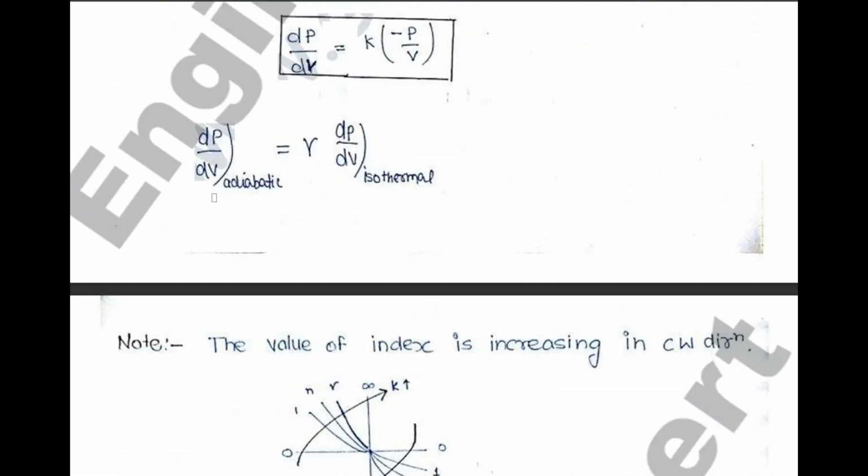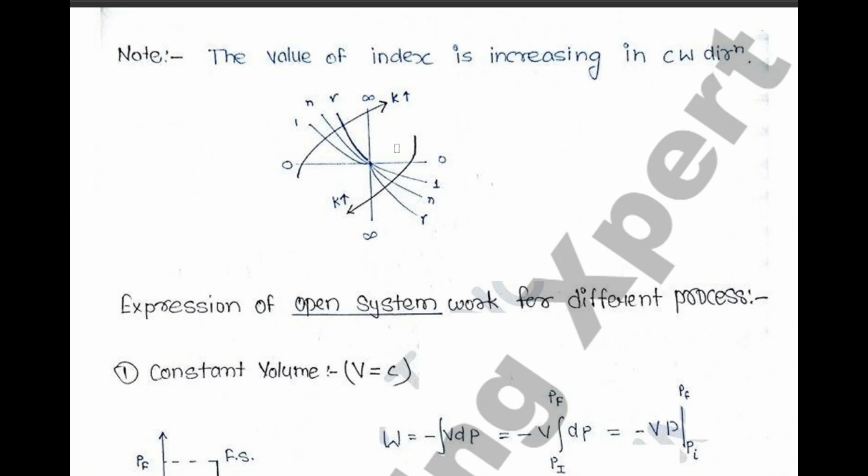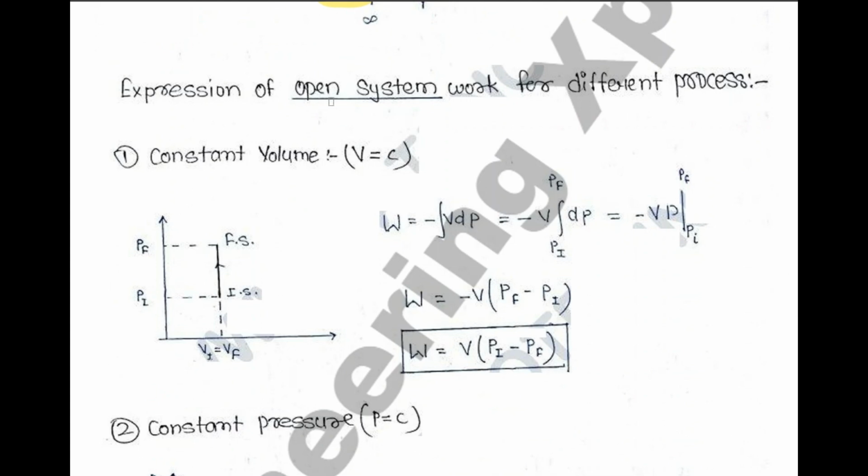So this was the result, and one of the important results is that the slope of adiabatic equals gamma times the slope of isothermal. And one more observation is that the value of index n is increasing in the clockwise direction. Clockwise direction is this, so the value of n is always increasing in this direction.